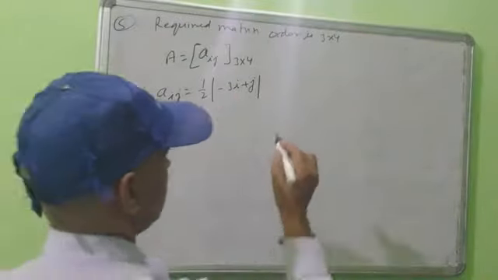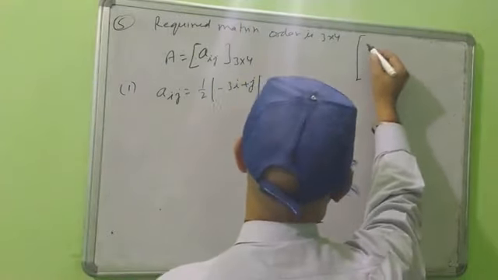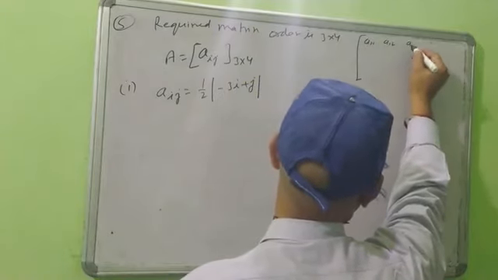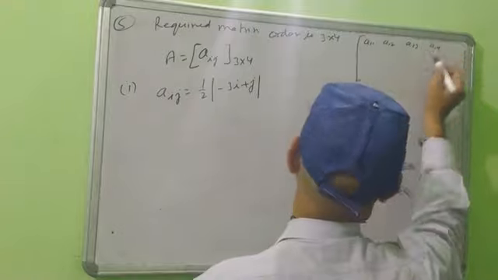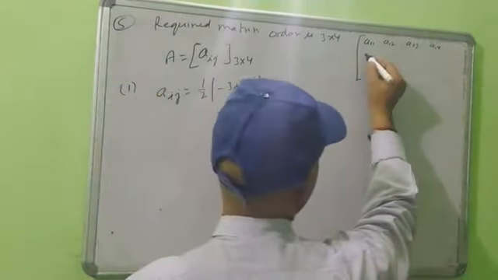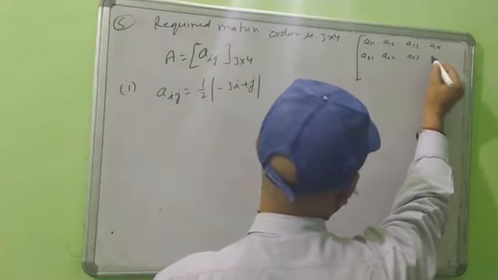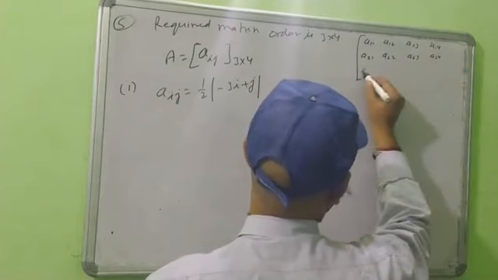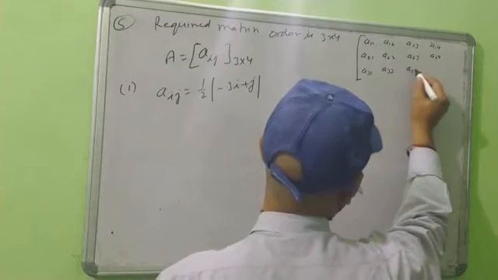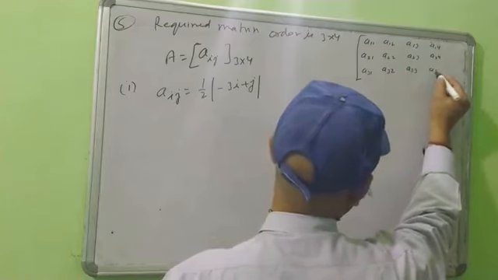Make a first rough sketch of order 3 into 4, 3 rows and 4 columns: 1 1, 1 2, 1 3 and 1 4, because you have 4 columns; then 2 1, 2 2, 2 3, 2 4; and 3 1, 3 2, 3 3 and 3 4.